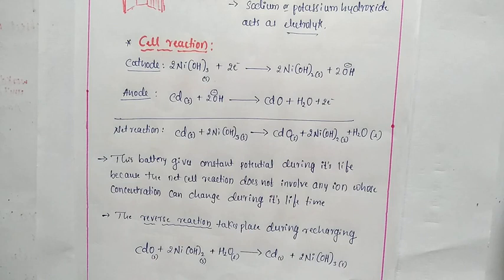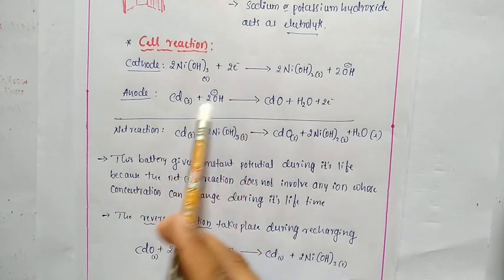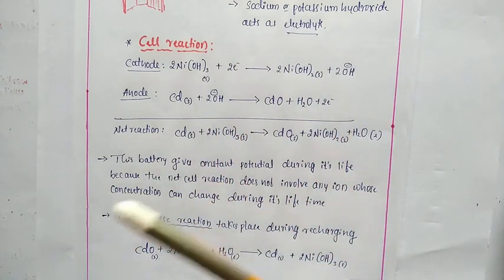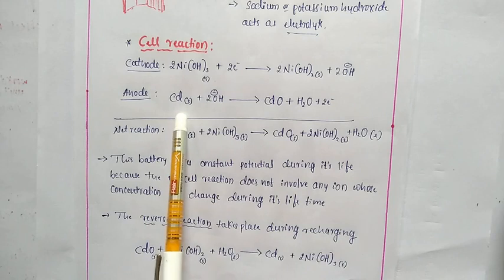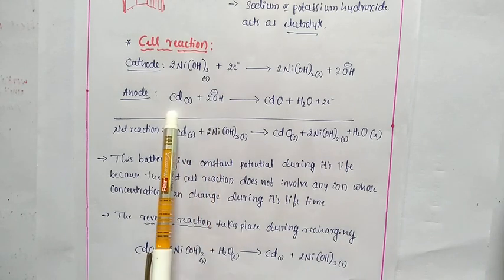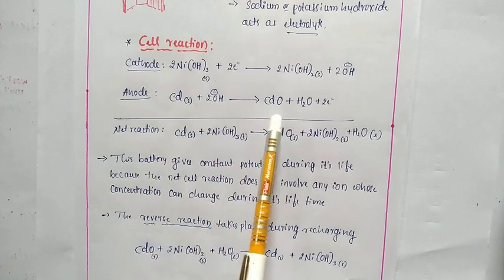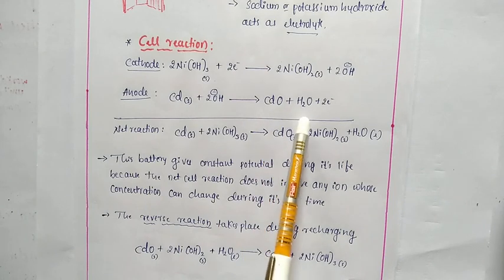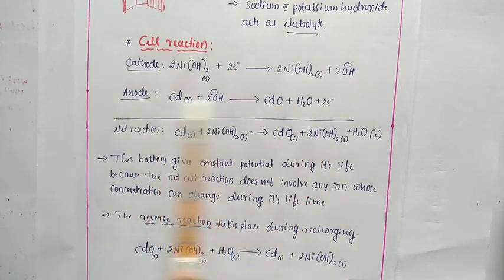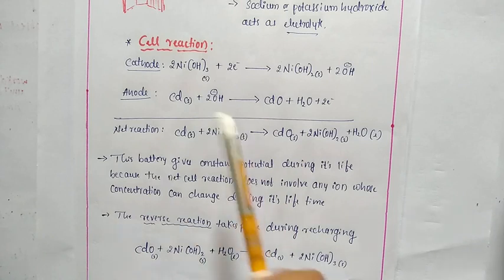This is the cathode reaction. Next, the anode, which is cadmium. Cadmium plus electrolyte gives rise to cadmium oxide, water and 2 electrons. At the anode oxidation takes place, that is why it loses 2 electrons.